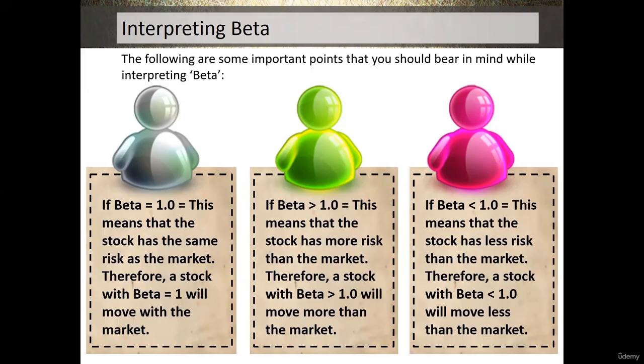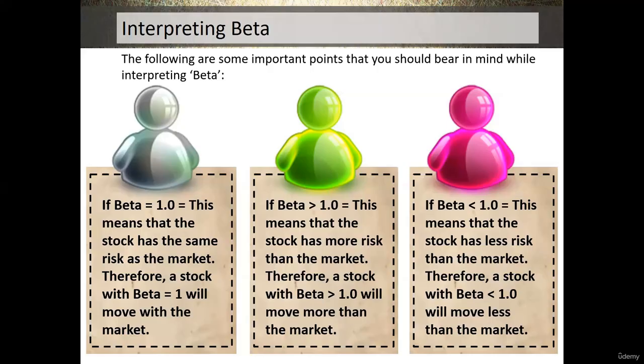Similarly, vice versa, if the beta is less than 1, let's say it is plus 0.9, then if the market moves up by 10%, my stock will move only by 9%. All right, 10% multiplied by 0.9 gives me 9%.